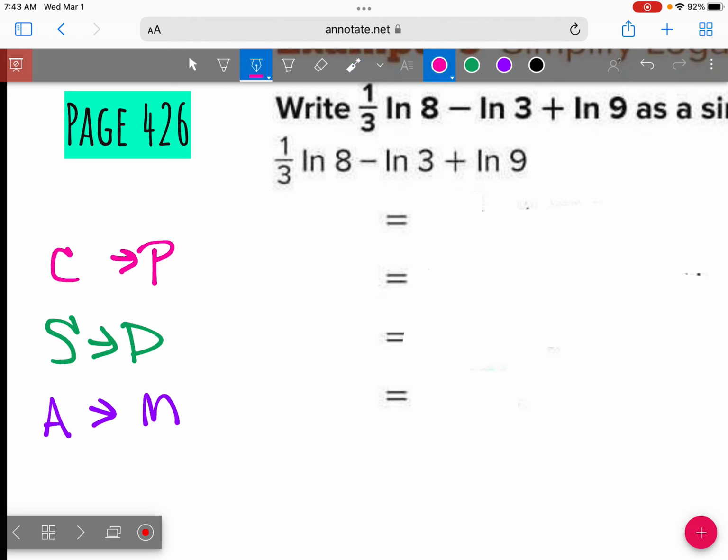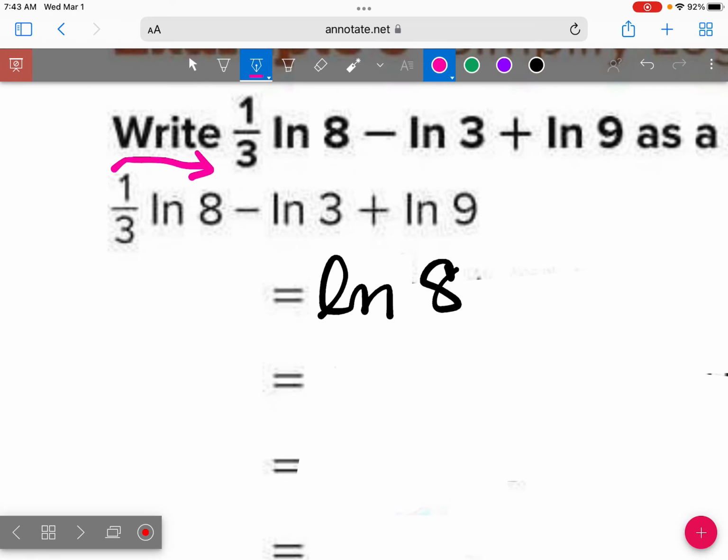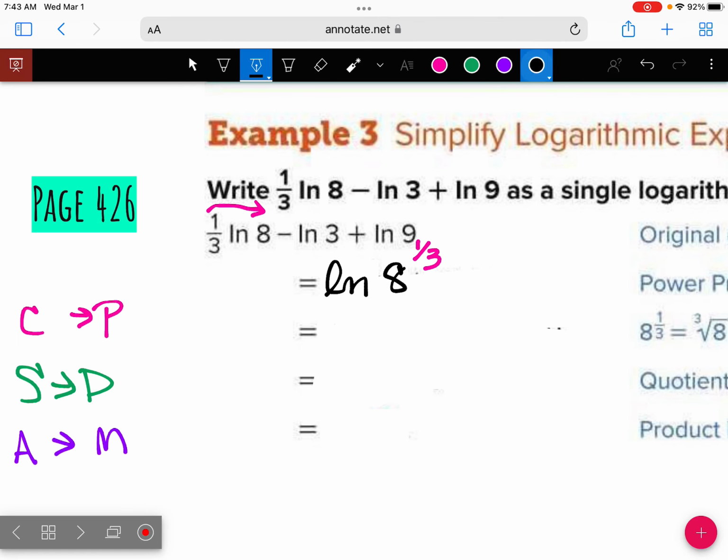The 1/3 is going to go up and become a power. So we're going to have the natural log of 8 to the power of 1/3. Nobody else has a coefficient, so they're just kind of plopping in. Natural log of 3 plus natural log of 9.